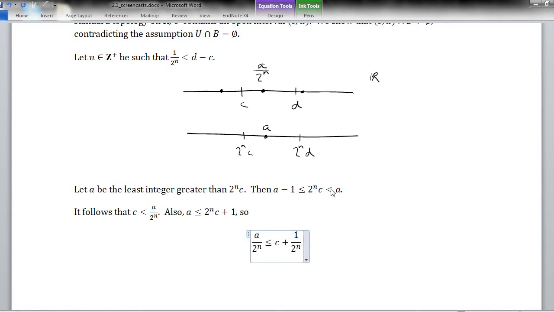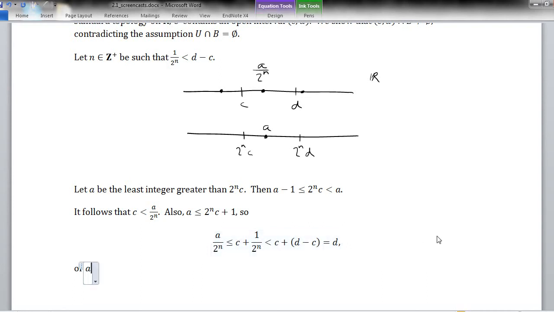And all right, well, here's where we use that 1 over 2 to the n is less than d minus c, right? So this is less than what I get if I replace 1 over 2 to the n by d minus c. But that's just d, right? So putting all that together, we get that a over 2 to the n is less than d.